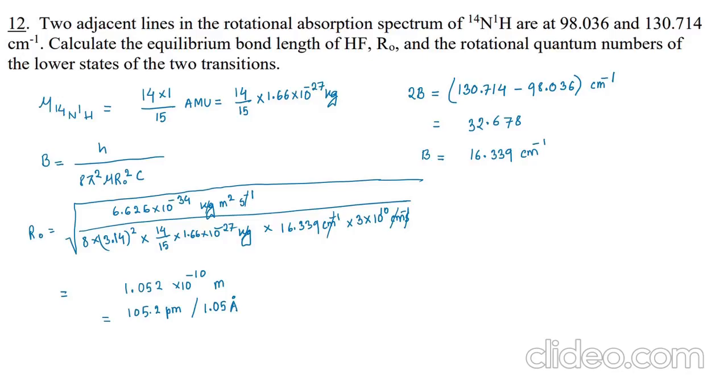out the rotational numbers of the associated transitions. So let me use a different color maybe for that question. So see, you remember, right? These are the energies of the transition.